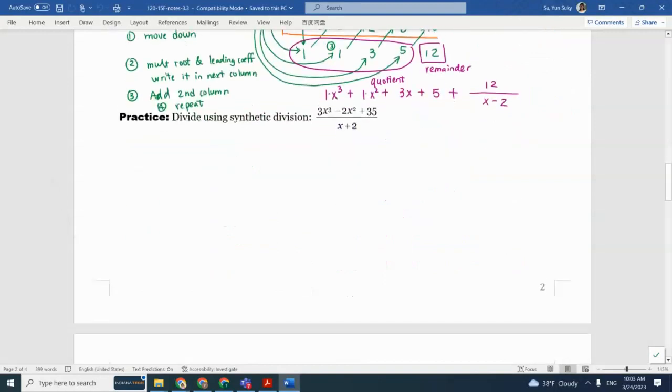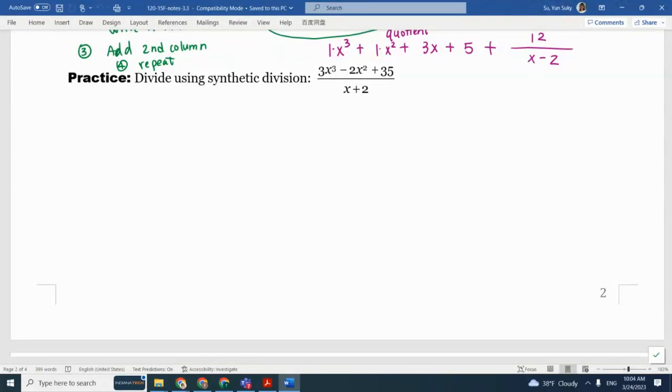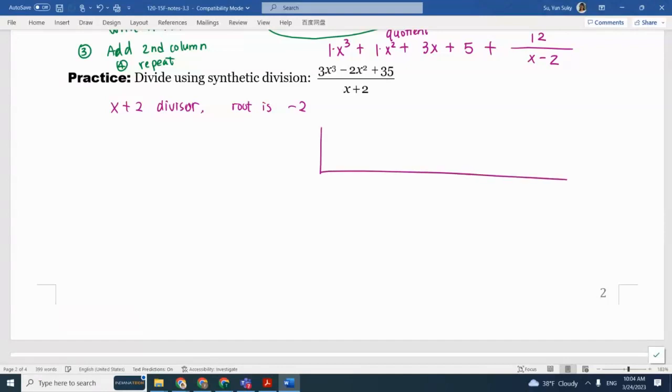So let's look at this problem. Divide using synthetic division. All right, so we have x plus 2 as the divisor. What's the root? Negative 2. Yes, negative. Put the sign of that constant term. So you put negative 2 right here.